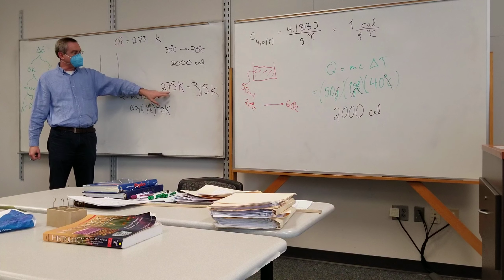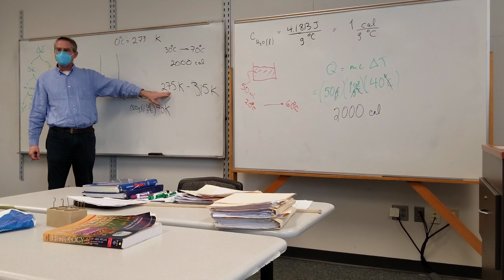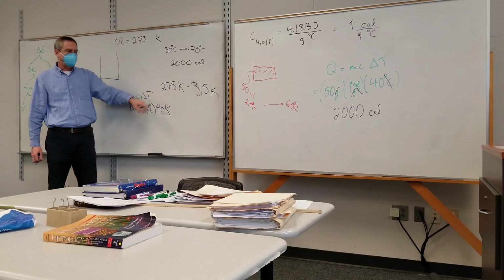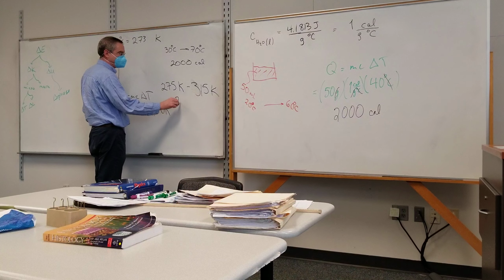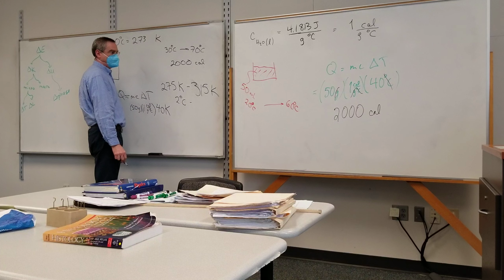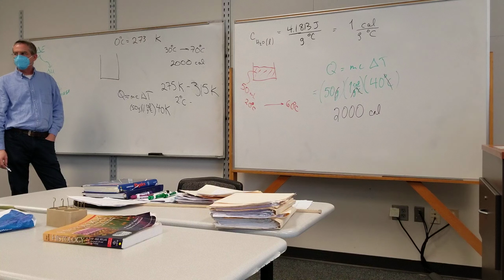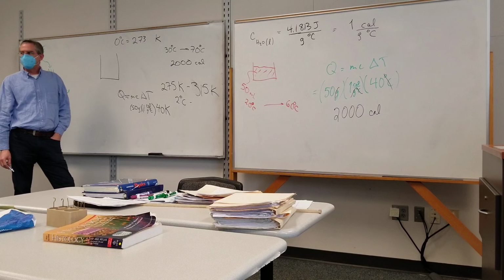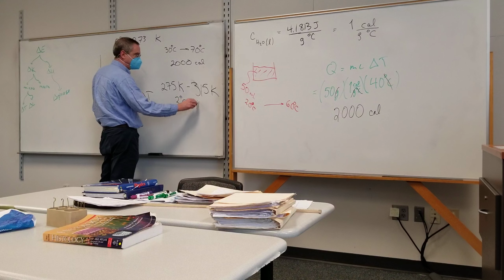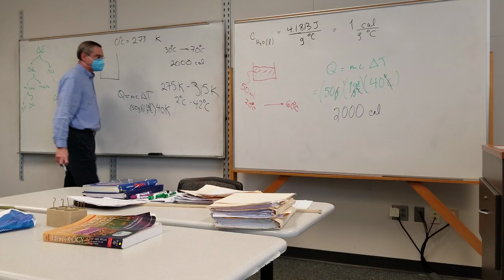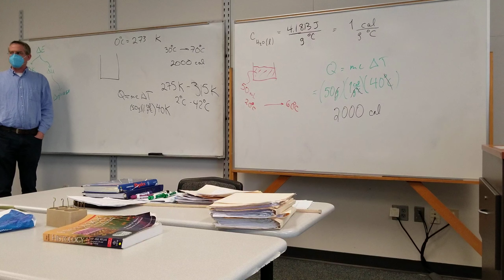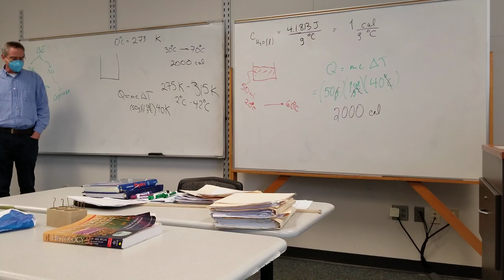So if we subtract 273 from this, this is 2 degrees Celsius. And from that, what's my change in temperature in degrees Celsius? I think somebody said it.